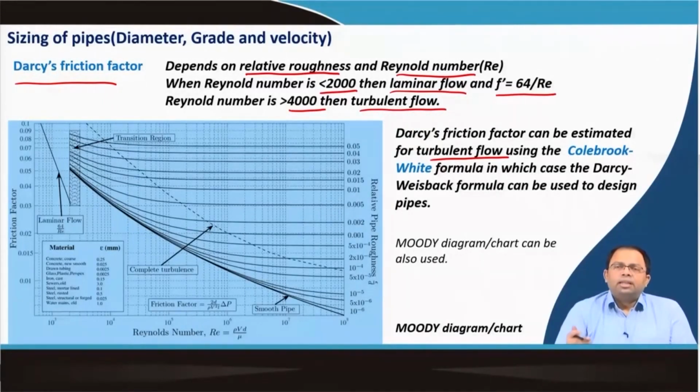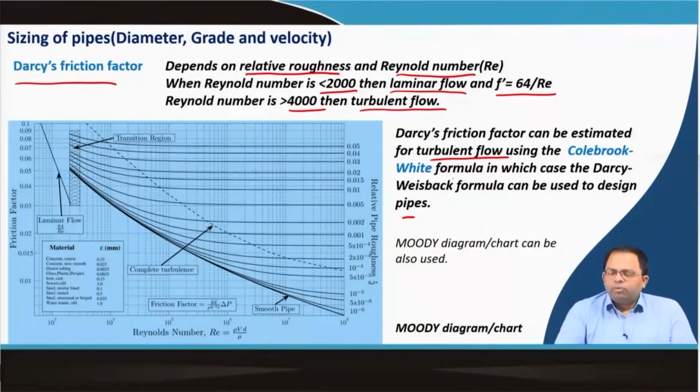As I was telling you earlier, Darcy-Weisbach and Colebrook-White formula together can be used for designing our pipelines. Darcy's alone with those empirical values is better not used, but Darcy's with Colebrook-White can be used.